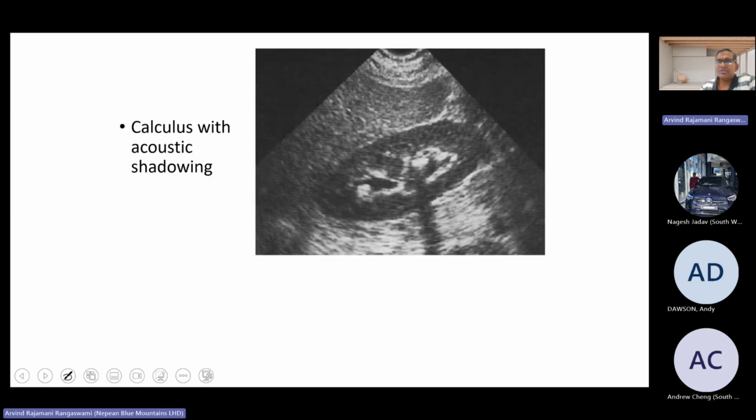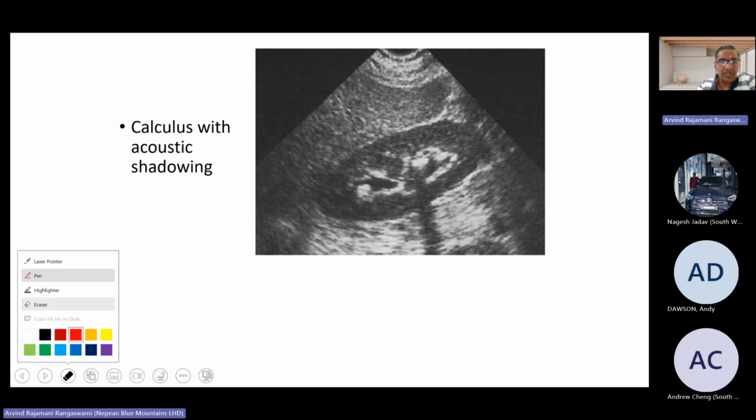Now, this is a renal stone, and you can see the calcific, you can see the acoustic shadowing. But the very big challenge you have is that posterior to the kidney is actually white. If you have an obstruction and this part becomes black, then the acoustic shadow, black on black, will not be visible. Therefore, it becomes difficult.